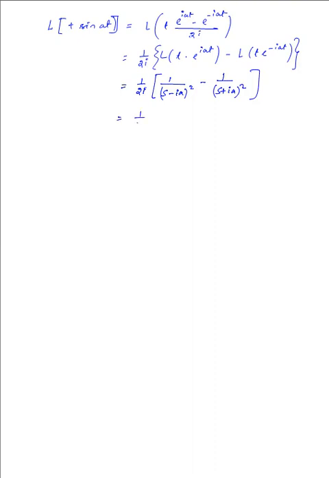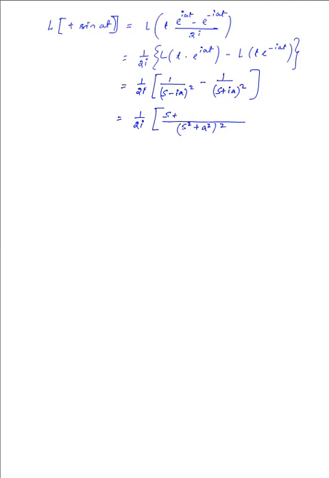Now 1 over 2i, we simply have to solve it, and what do we get? We can expand this, taking the LCM, we have s square plus a square whole squared as the denominator.